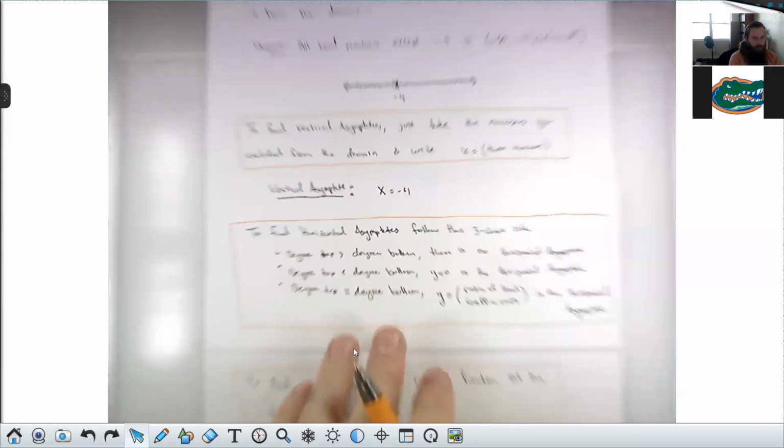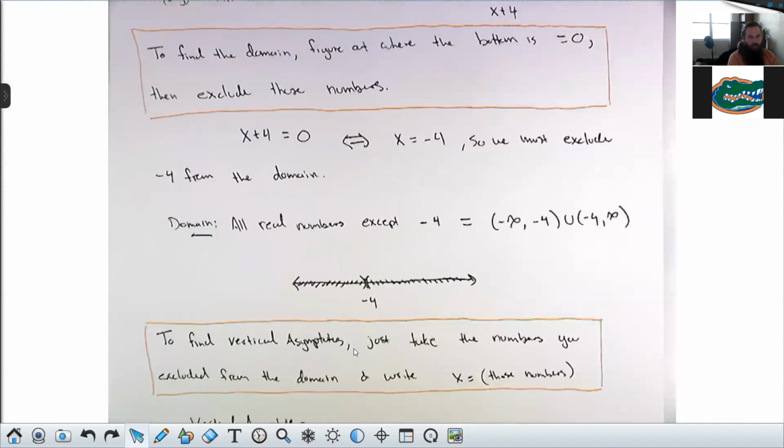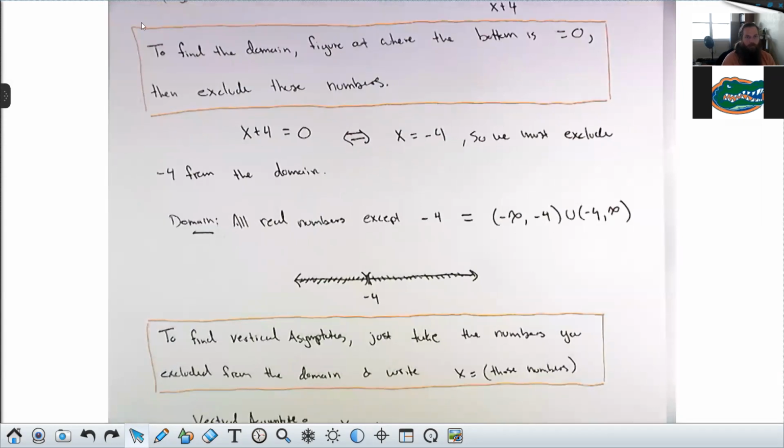So I'm going to scroll through these. Give me just 1 second here. I'm going to back up to the top. So to find the domain, set the bottom equal to 0. Then exclude those numbers. To find vertical asymptotes, take the numbers that you had to exclude from the domain. Those will be your VAs.